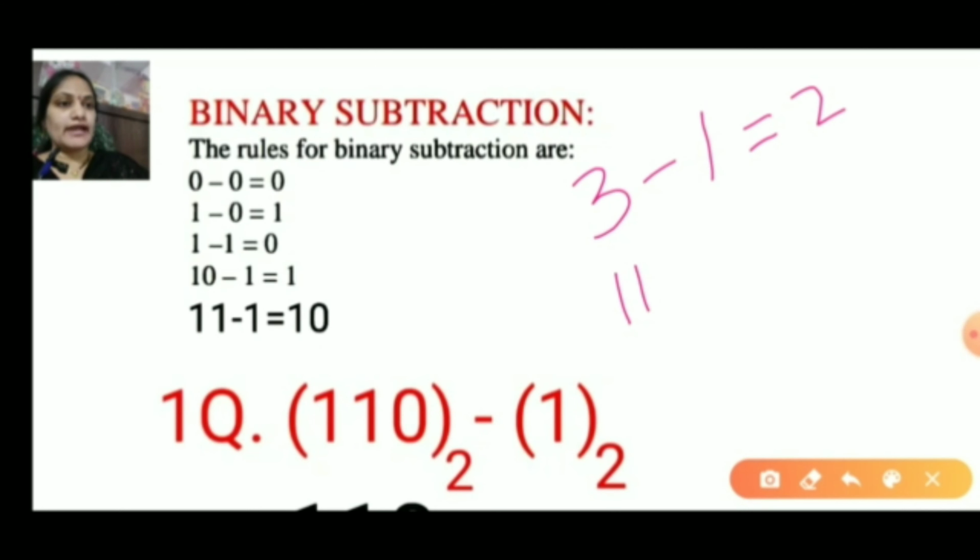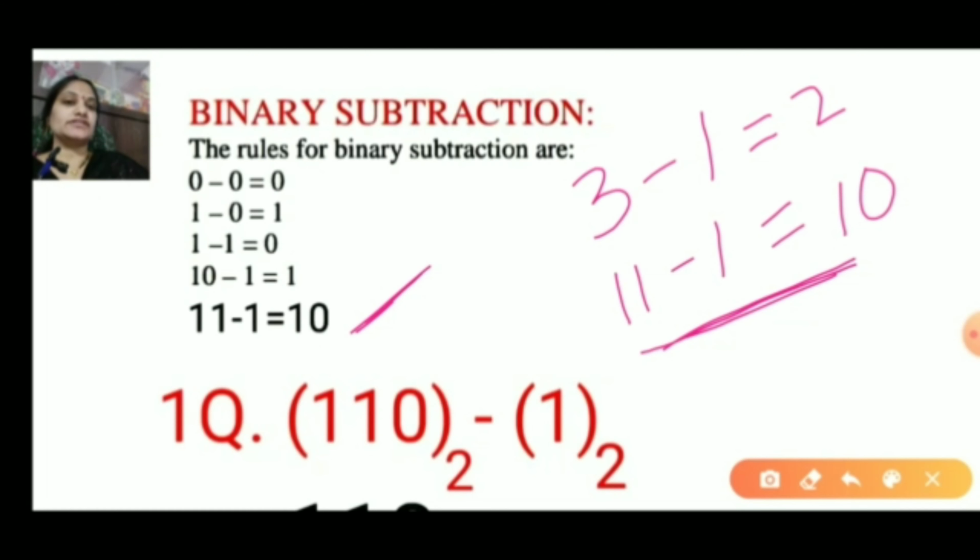Again, you write this minus as it is and this 1 as it is. Okay. This 2. What about this 2? Now we have to write the binary equivalent of 2, that is 1 0. That is why we got this rule. What is that rule? 1 1 minus 1 is equals to 1 0. Okay. You have to remember these two rules mainly.